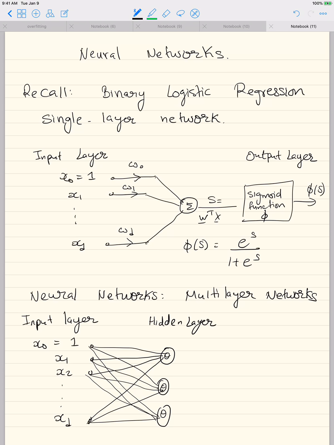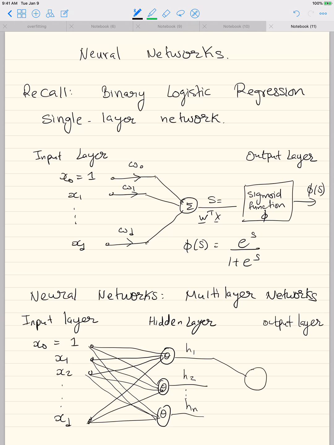And there are weights here on the hidden layer. So the output of the hidden nodes are denoted by H symbol. This is H1 up to Hn. So there are n nodes in the hidden layer, and then these can get connected to an output layer. So this is the output layer.